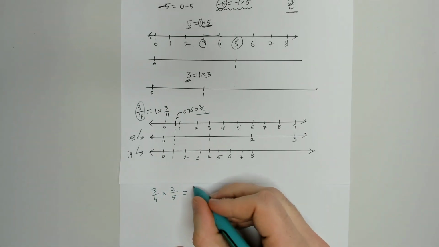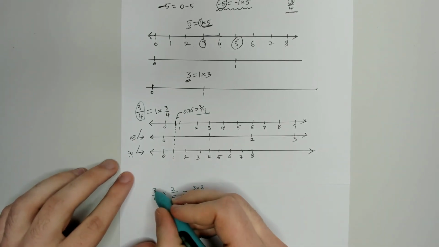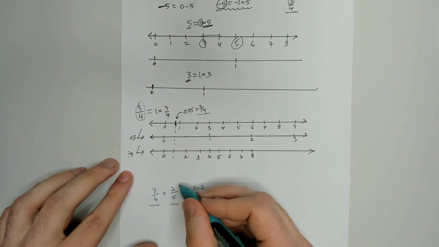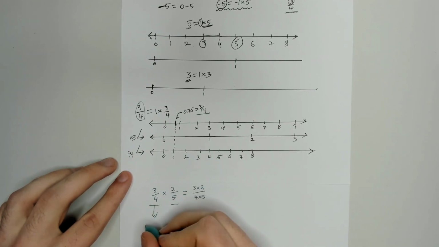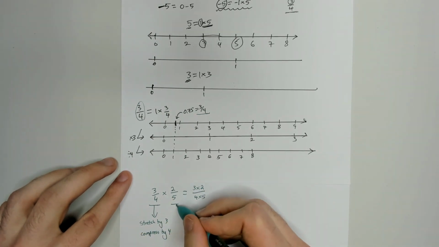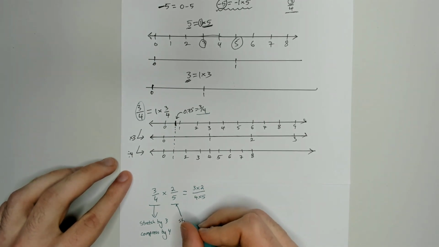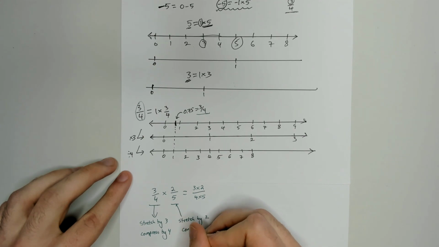We know fraction multiplication is multiplying the numerators and then multiplying the denominators, right? But if we think of both of these as being actions, we know 3/4 corresponds to the action of stretch by 3 and then compress by 4. And this 2/5 here, that corresponds to the action of stretch by 2 and compress by 5.